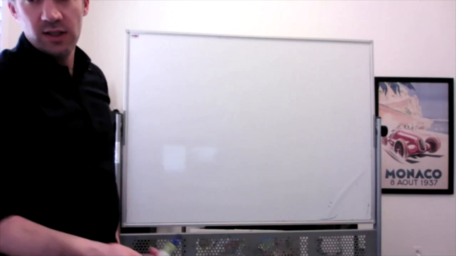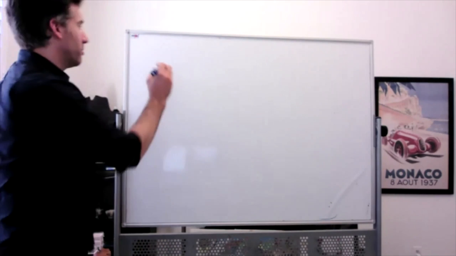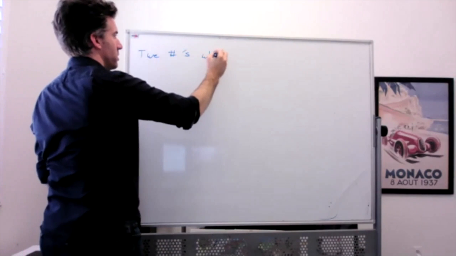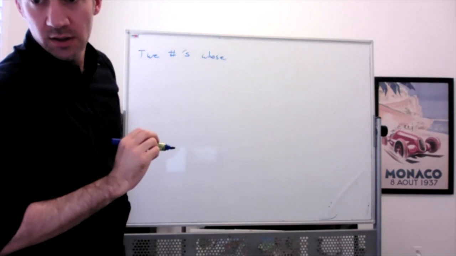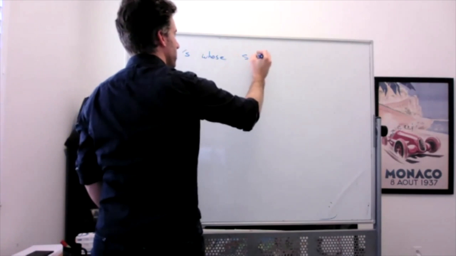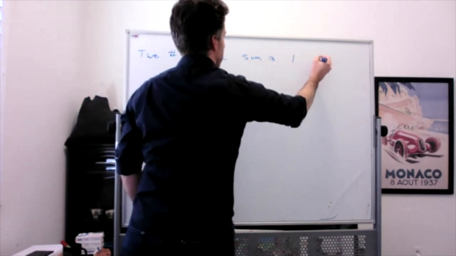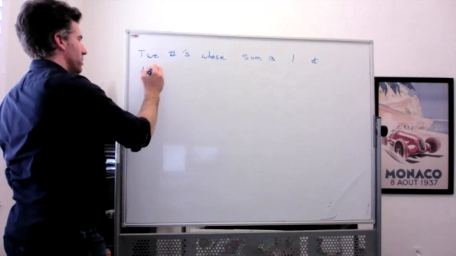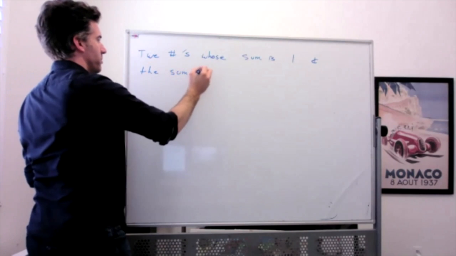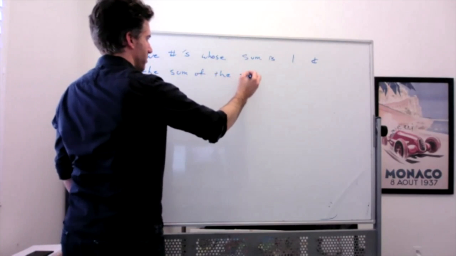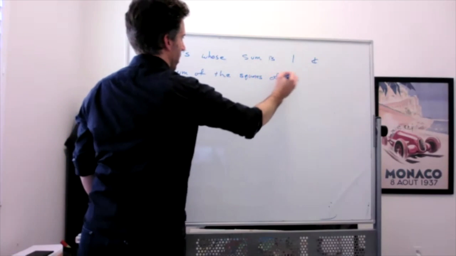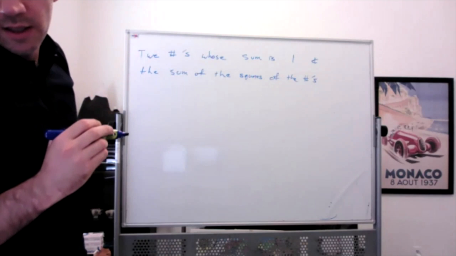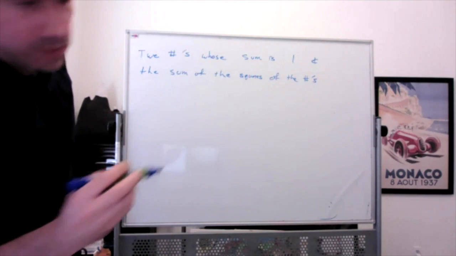So the next question says the following. Find two numbers whose sum is 1 and the sum of the squares of the numbers is minimized.